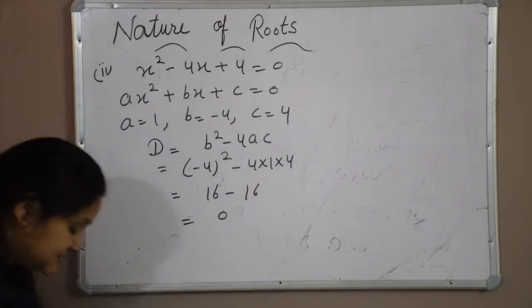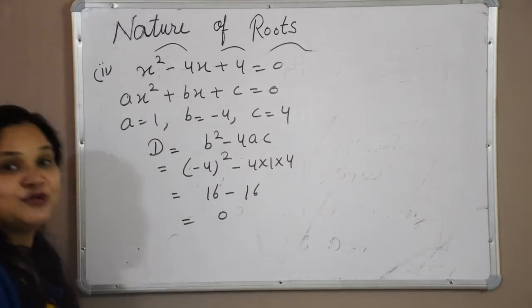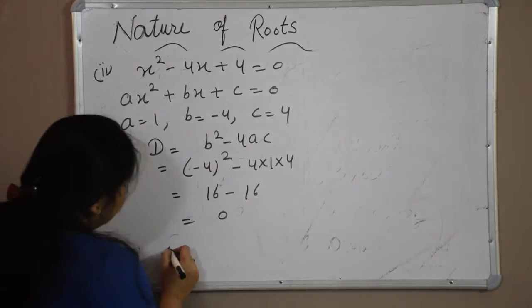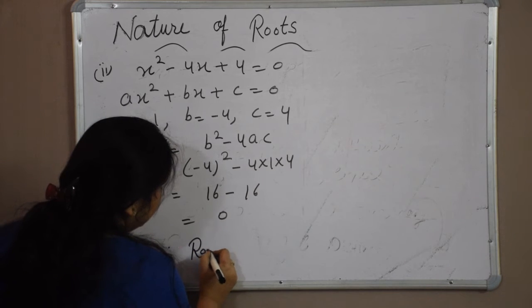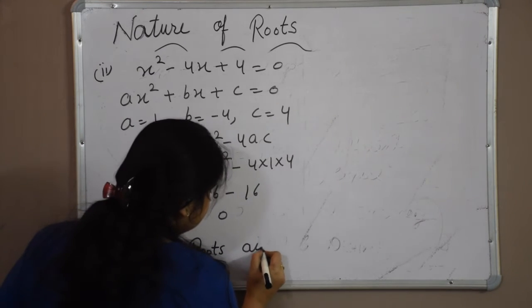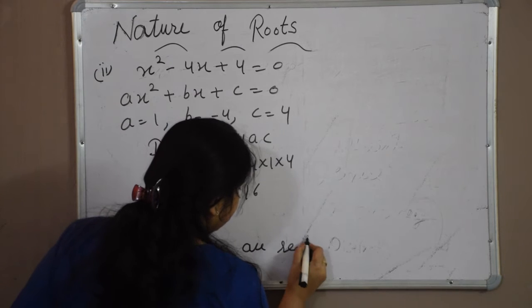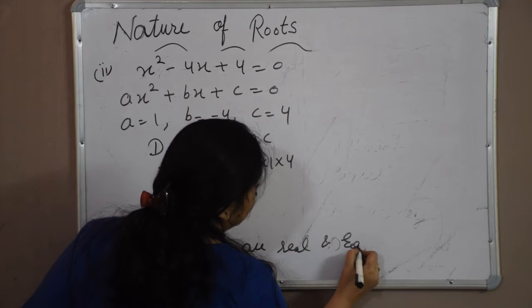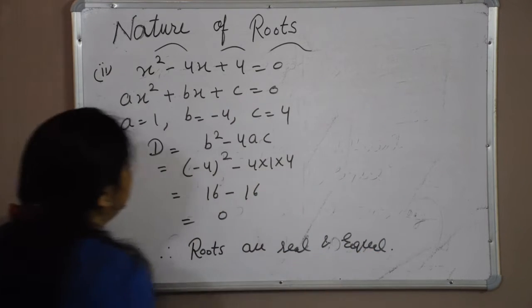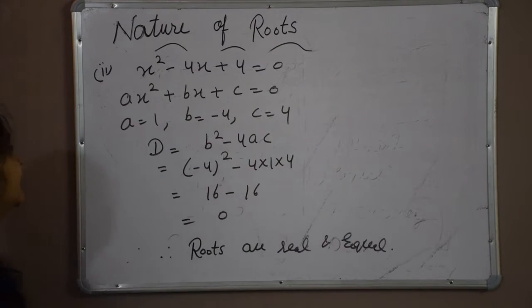Here our D is equal to 0, therefore the roots are real and equal. Only with that condition we can say real and equal. Here roots are real and equal.